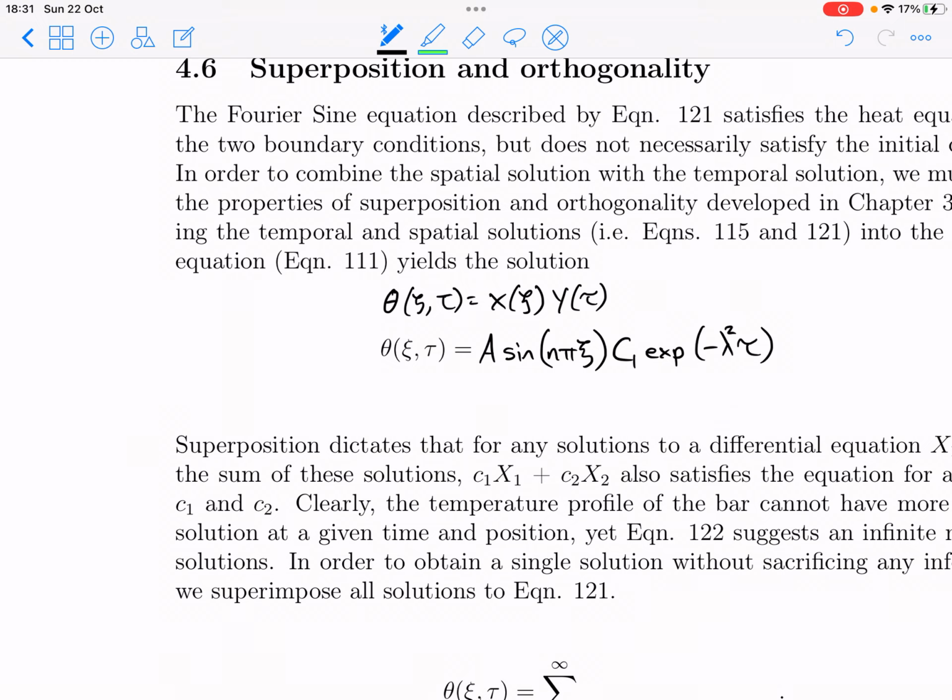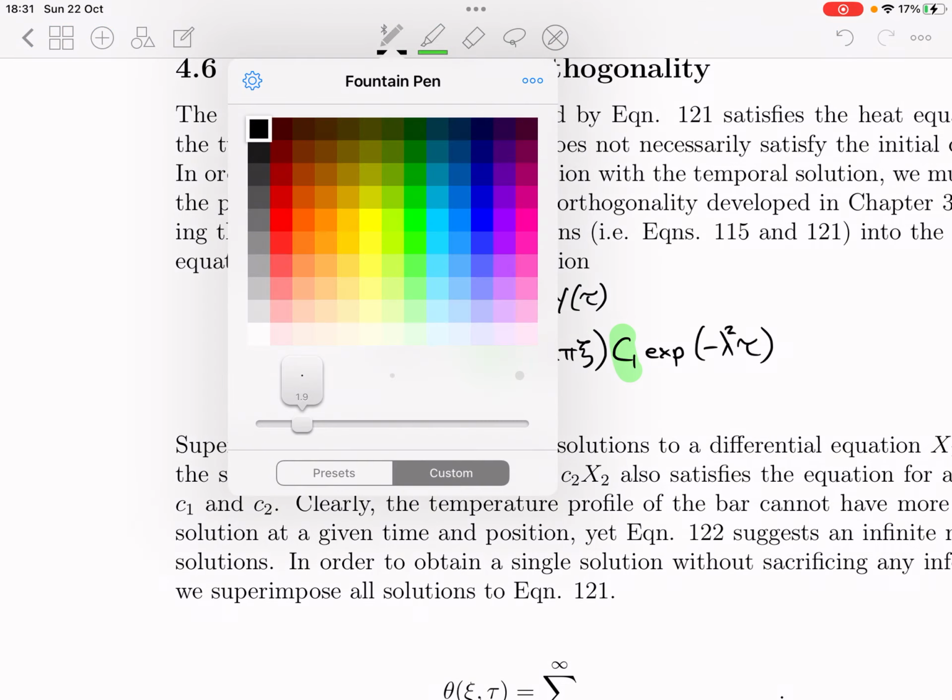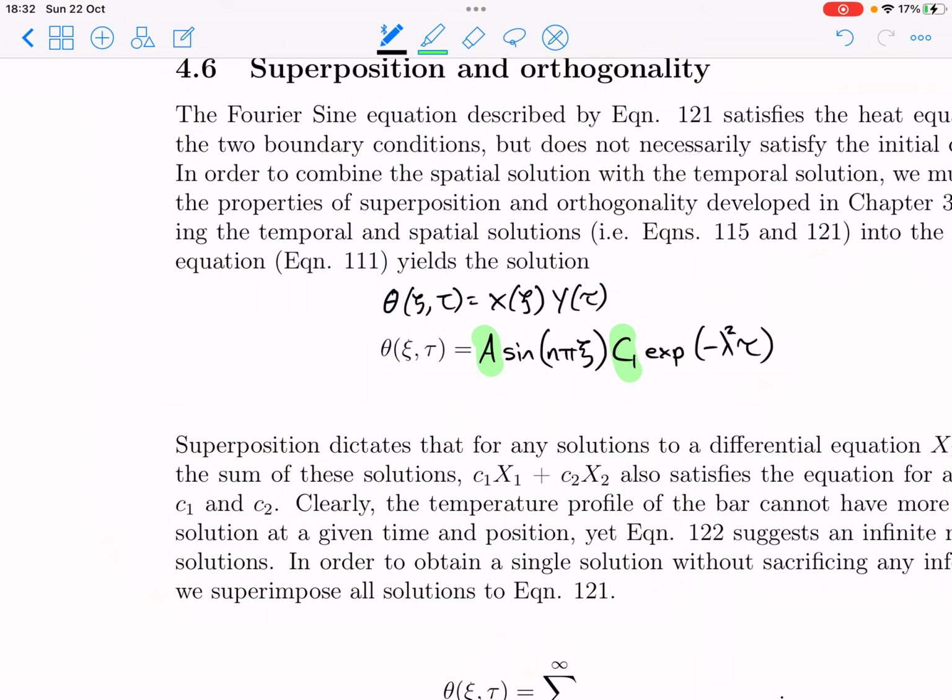We can see it's pretty plain that A and c1 are not independent, so we can just write them as a single constant of integration. And we know that because we have an infinite number of values for lambda, we're going to have an infinite series solution.